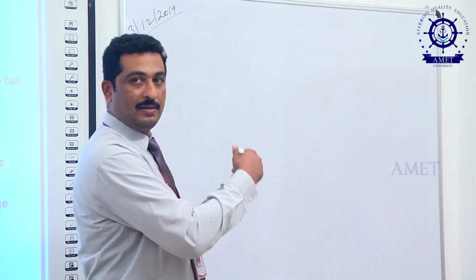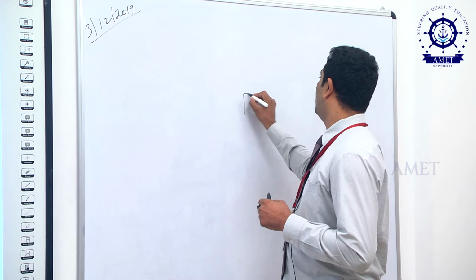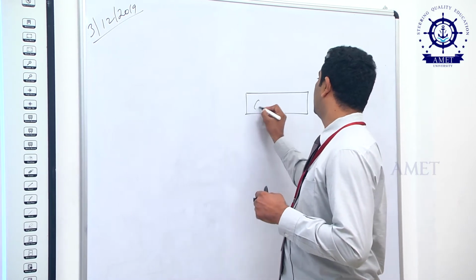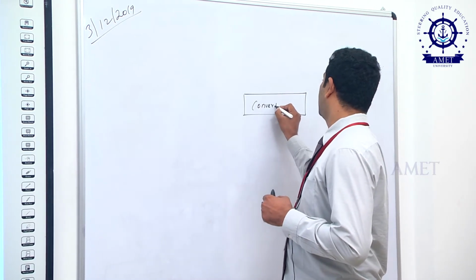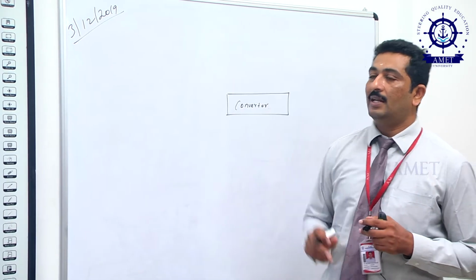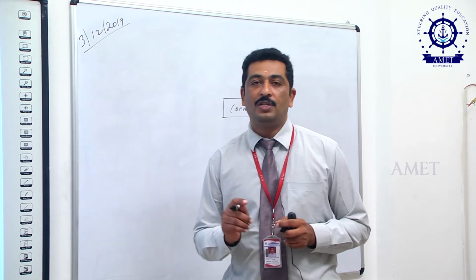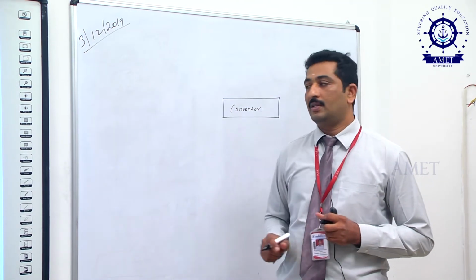Here we are using some converters. Why are we using a converter? As I already said, everything is processed by the processor, and the processor only understands zeros and ones.